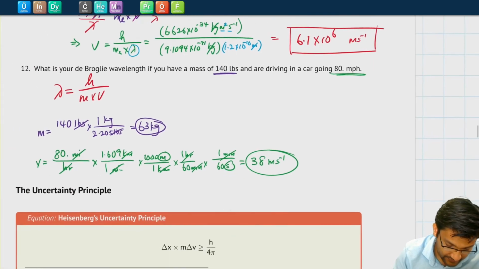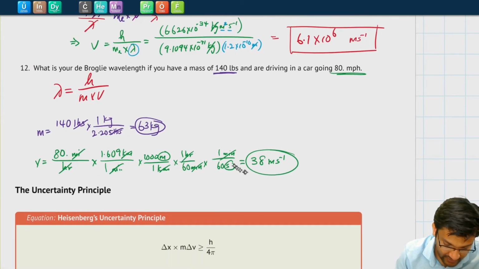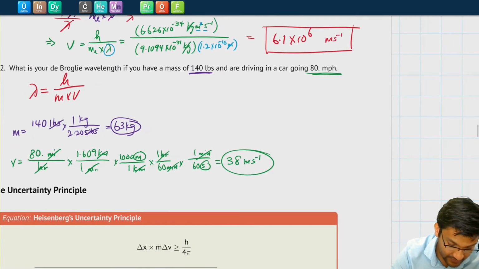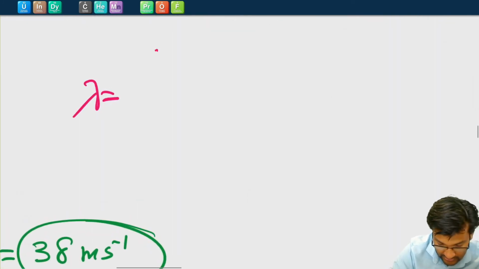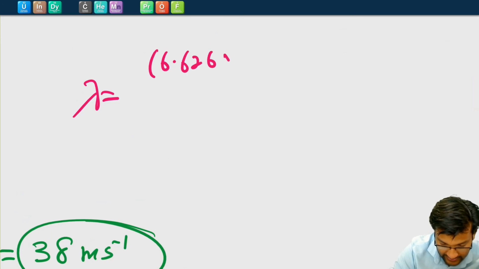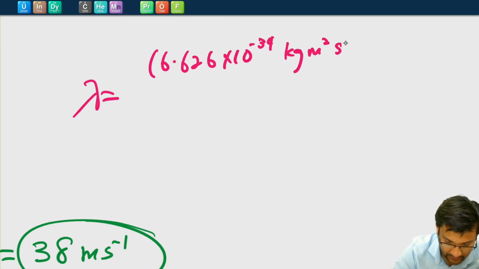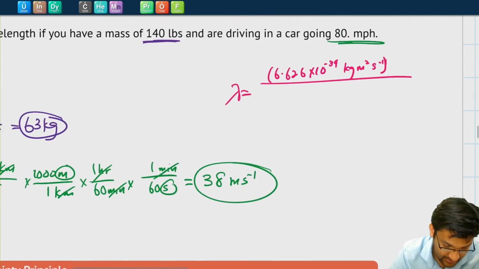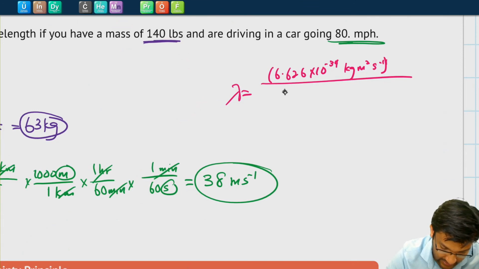Okay, so now we have the mass in kilograms, the velocity in meters per second. We can solve for the de Broglie wavelength. And it will be Planck's constant h, which is 6.626 by 10 to the minus 34 kilogram meter squared per second, divided by the mass. In this case, the mass is 63 kilograms, so kilograms cancel, and times the velocity.